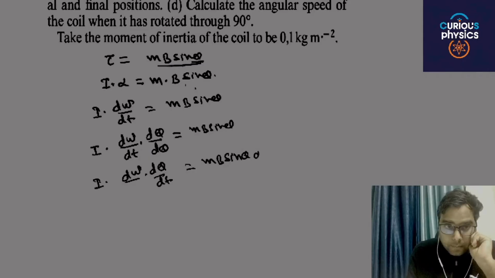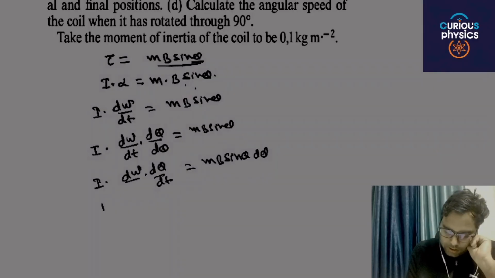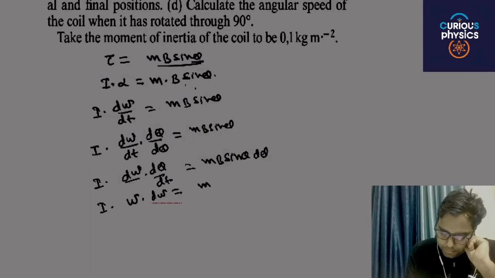You have to just rearrange the terms. You can write d theta by dt, and d theta goes to the right-hand side: I omega d omega equals MB sin theta d theta.